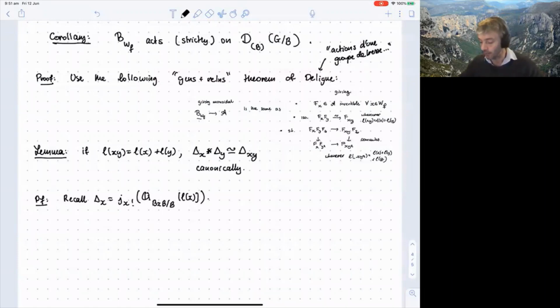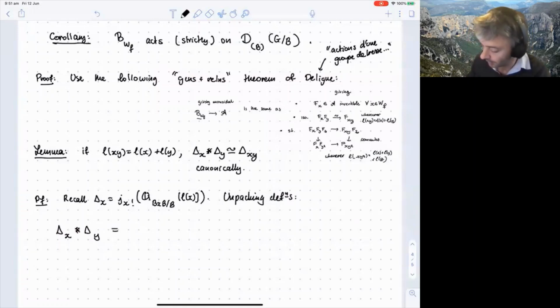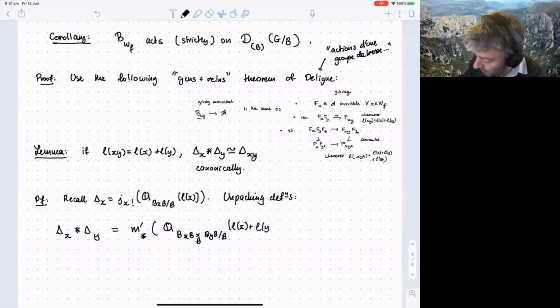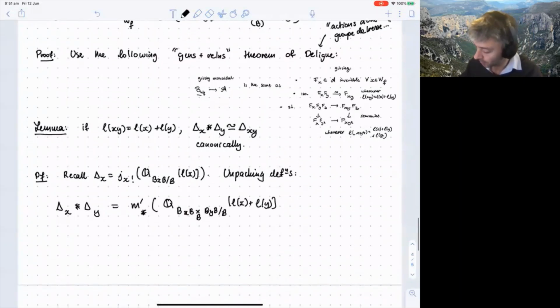And if we unpack the definitions, we get that delta x convolved with delta y is m prime lower star of the constant sheaf on BxB times over B ByB times over B. So what I'm saying here is we have BxB times over B ByB goes to, I mean, goes to G mod B. Sorry.